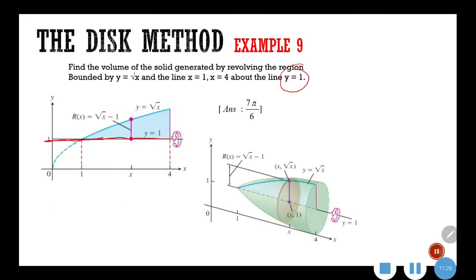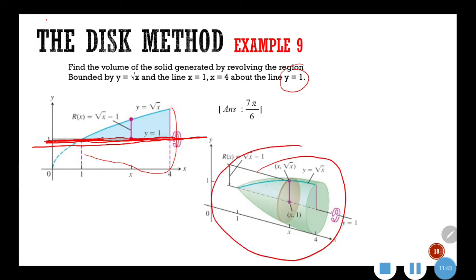Nampak tak? Maknanya dia punya rotator, dia punya palang, kalau you nak imagine, is at the line y equals 1. So maknanya when they rotate, dia akan rotate macam ni. Saya nak guna yang ni je lah. So you just imagine this is the axis of rotation, y equals 1. Then when it rotates, dia akan jadi solid macam ni.